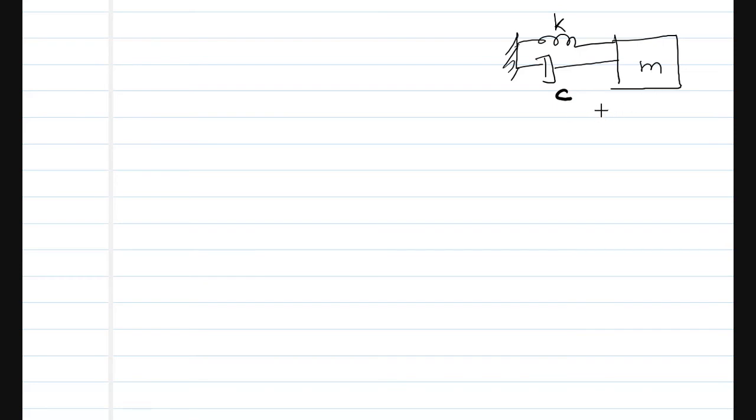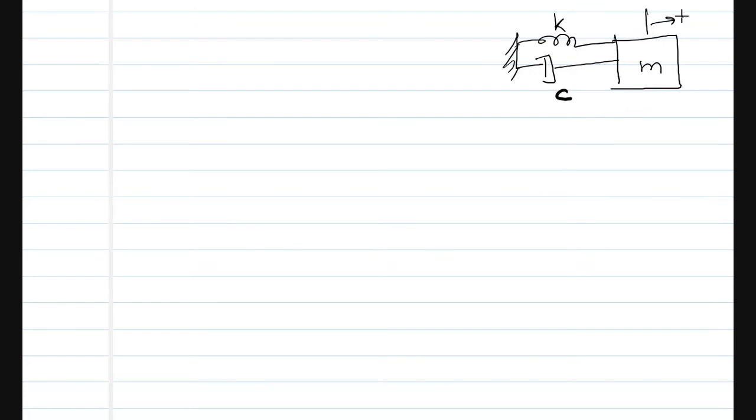Now, we start modeling the system by developing a very basic model, which we have done before. So we have the constant C, we have this constant K, and this is M. C is the damping constant or damping coefficient, K is the spring constant or spring coefficient, and M is the mass.